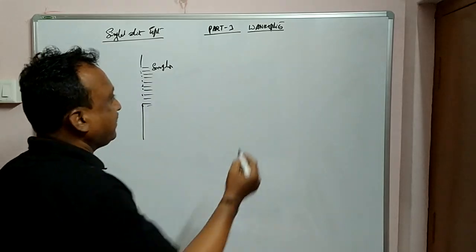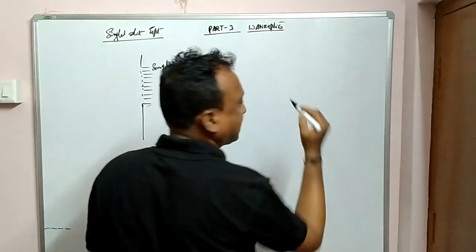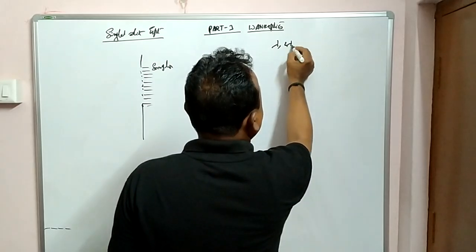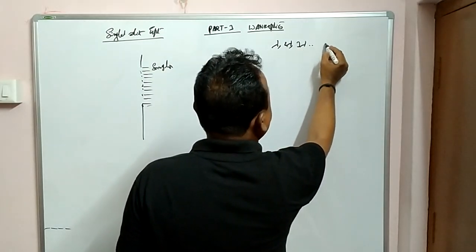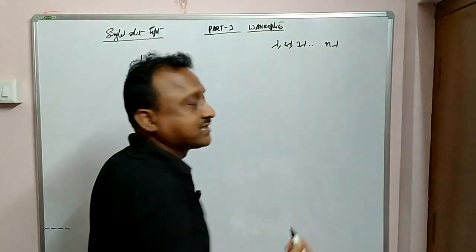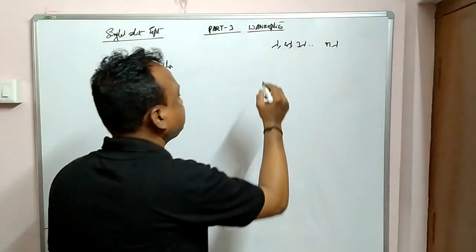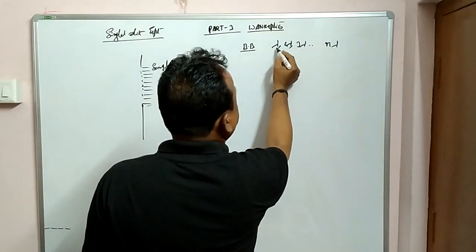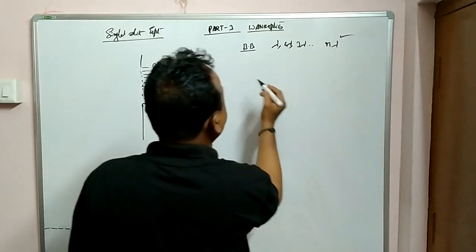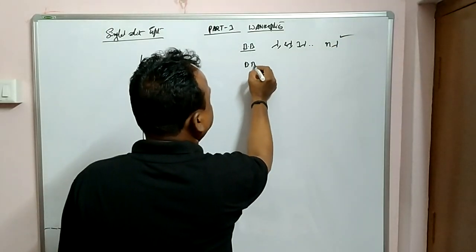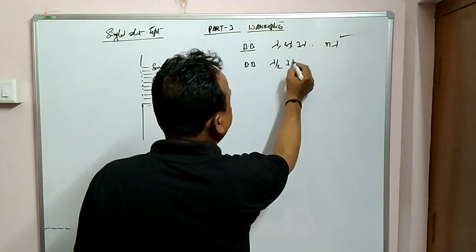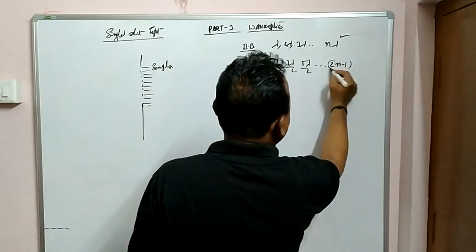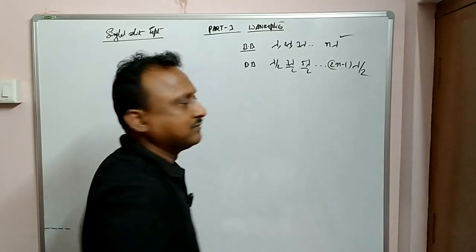That means in your earlier experiment in YDSE you have seen lambda, 2 lambda, 3 lambda, n lambda was the path difference for bright bands. And for dark bands, you have seen lambda by 2, 3 lambda by 2, 5 lambda by 2, (2n minus 1) into lambda by 2.